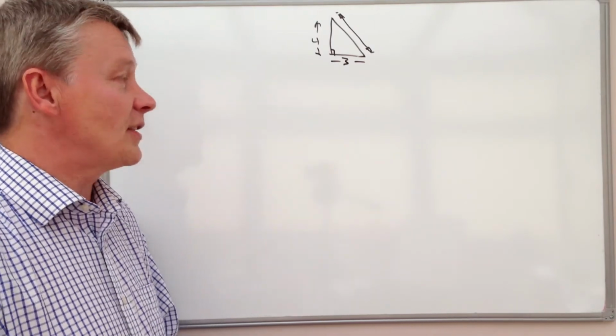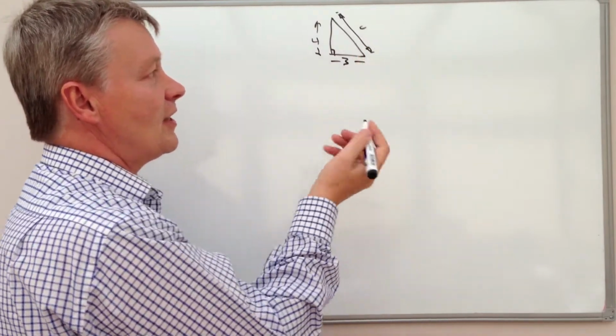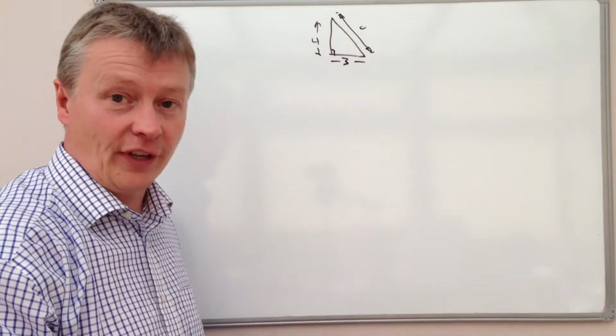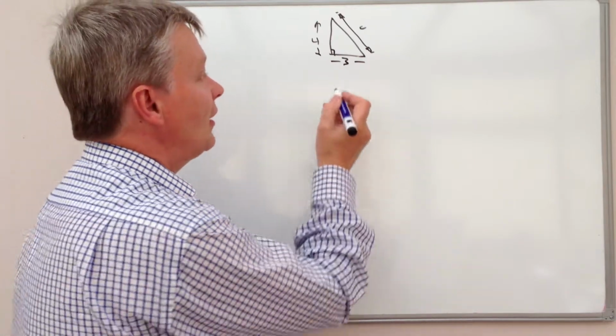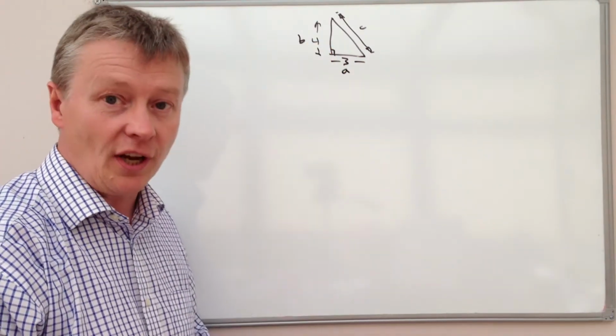The theory is that we use a little designation, which is C for the hypotenuse and A and B for the other two sides.